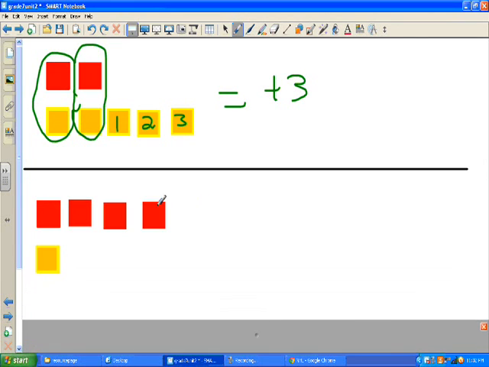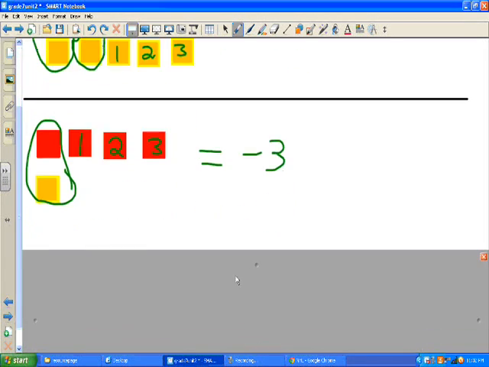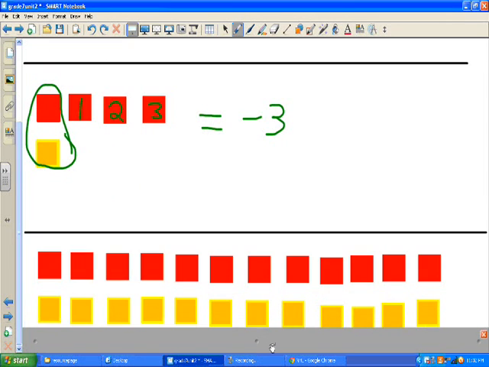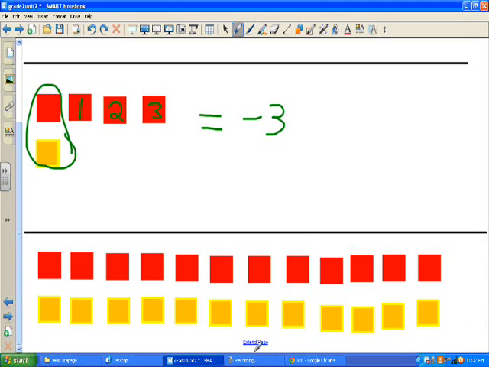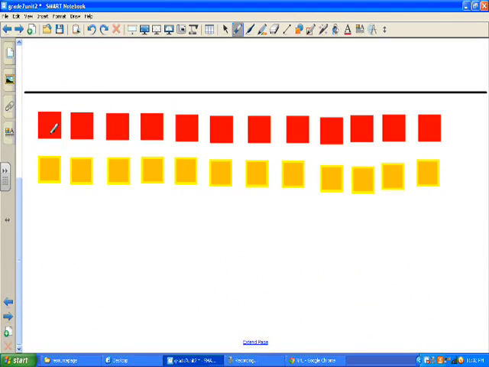Moving down to the next one, first thing we do, we cancel the 0 pairs out. And how many do we have left? 1, 2, 3, but this time it's 3 red, so it's negative 3. And finally, just to prove a point, looking at this last one, let's see what cancels out.